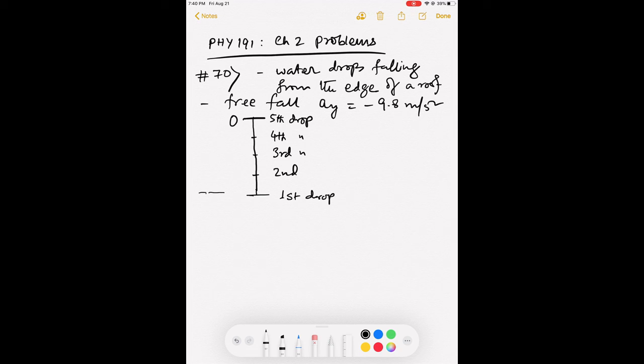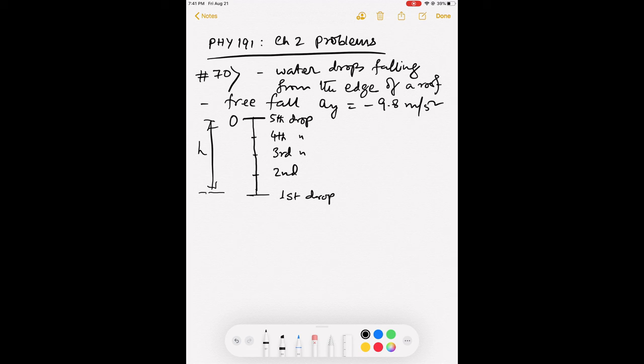So again, we have chosen a suitable origin. It is probably convenient to choose the origin at the top. Let the height of the roof be h.